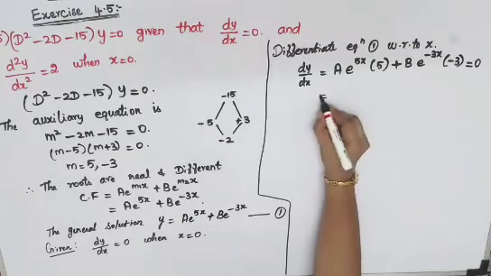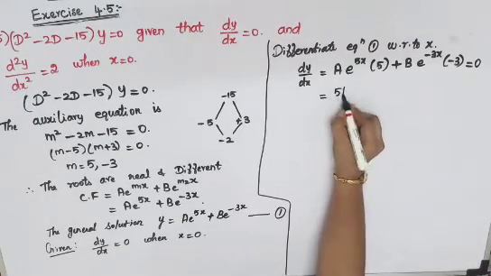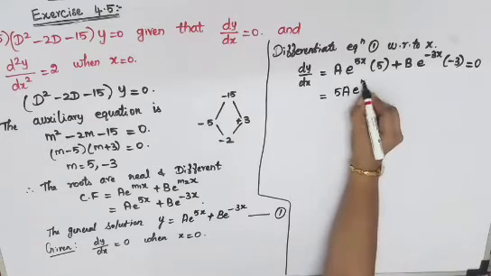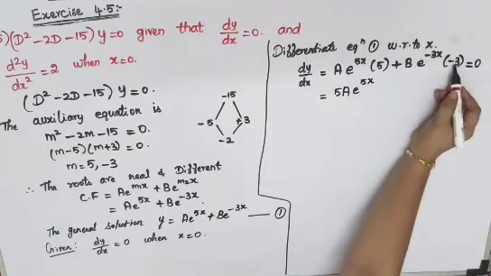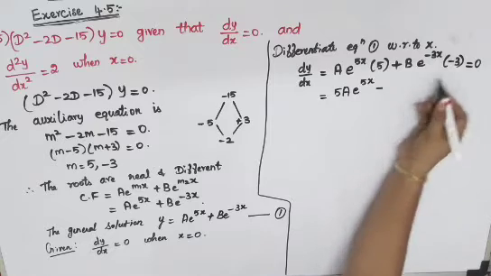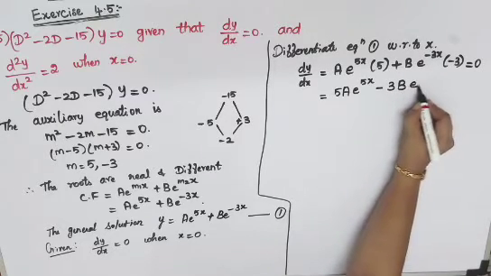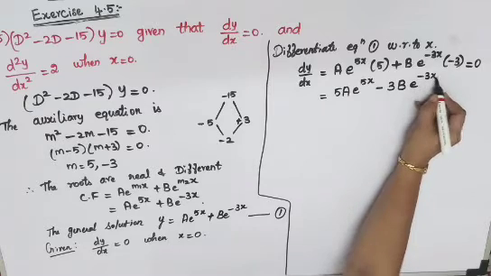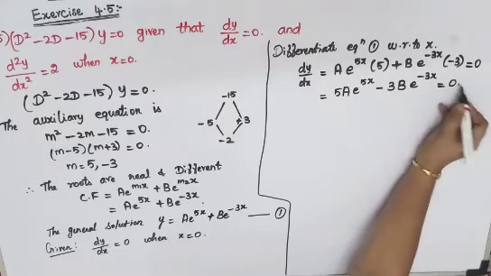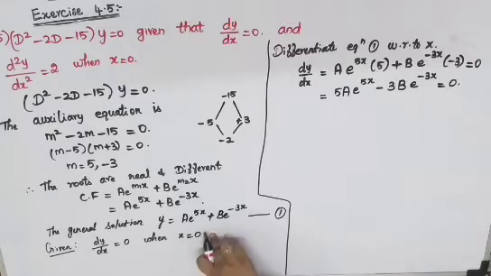So dy by dx is equal to 5a e power 5x minus 3b e power minus 3x, which is equal to 0. And they have given x is equal to 0.